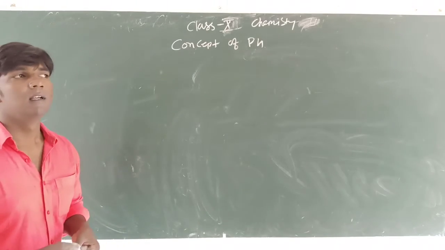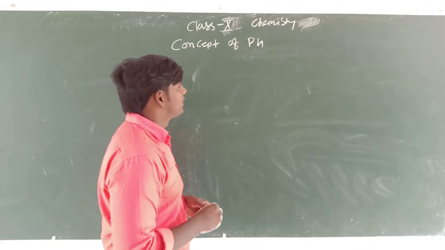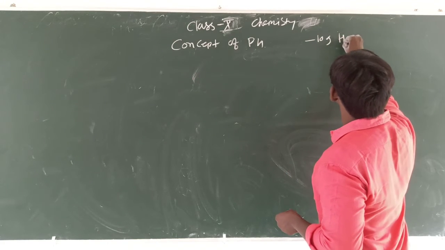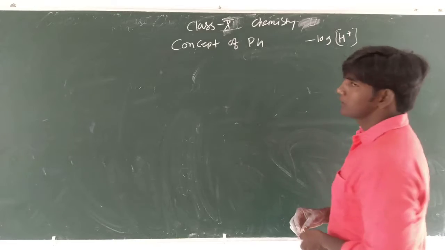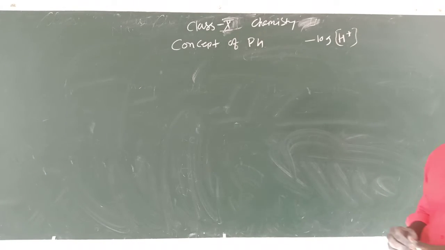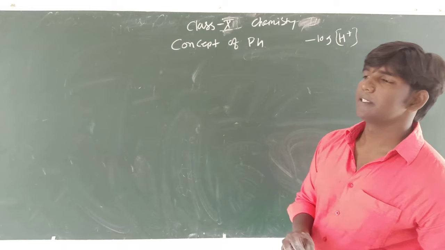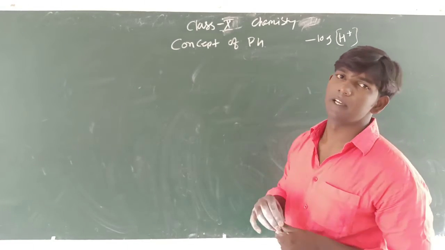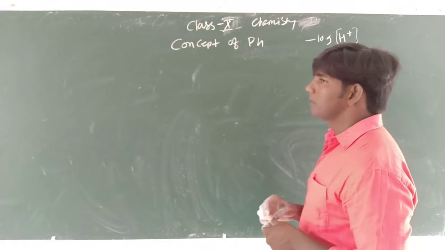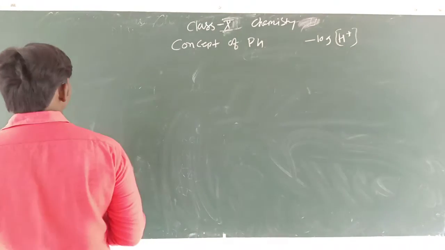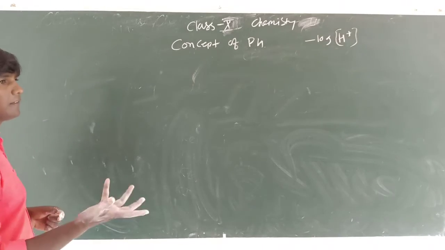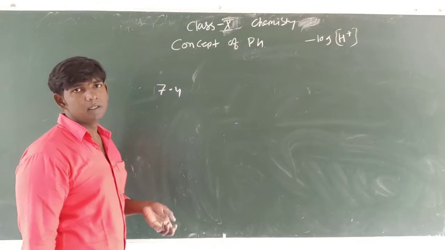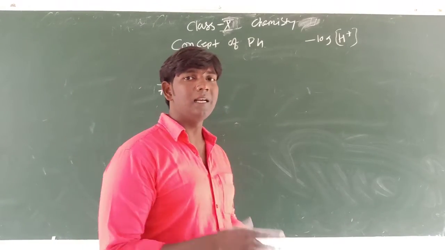What is pH? pH is minus logarithm of H plus ion concentration, okay. If I say a compound is acidic, basic or neutral, you can identify it by knowing its pH value. Okay. So if I say I have some chemical that possesses pH 7.4, what is the nature? You can just say this is alkaline.